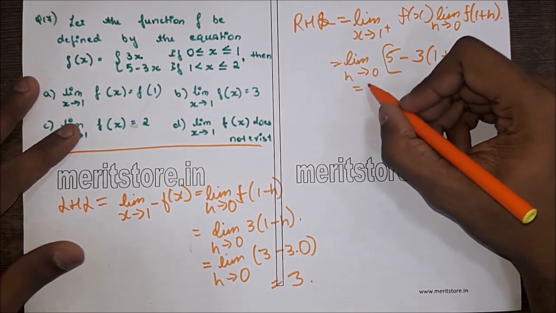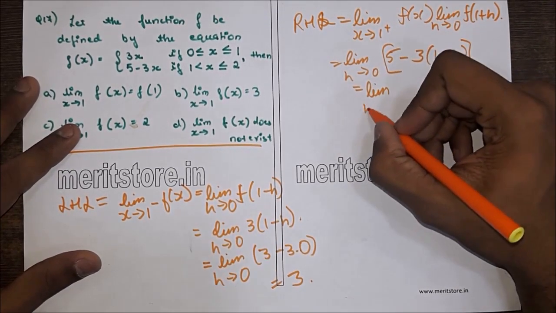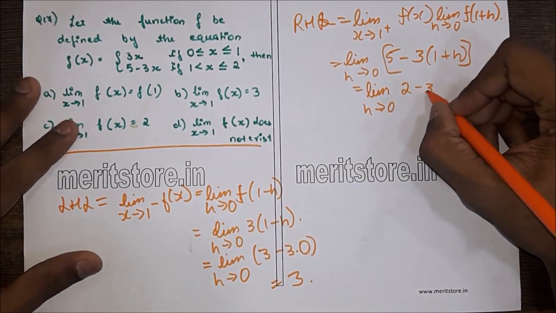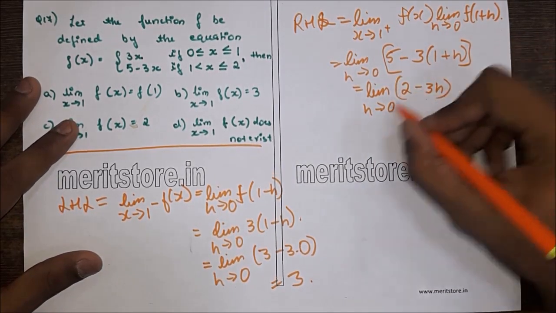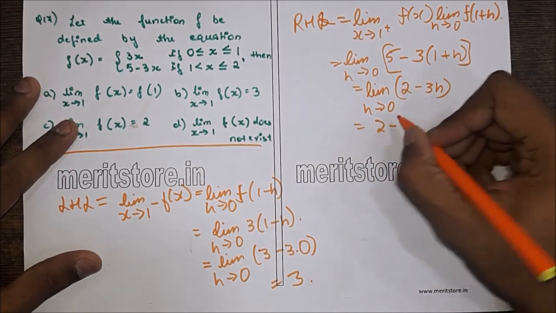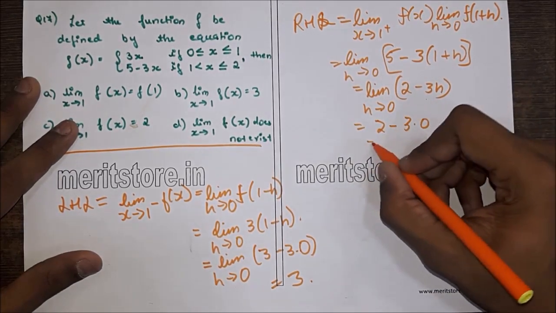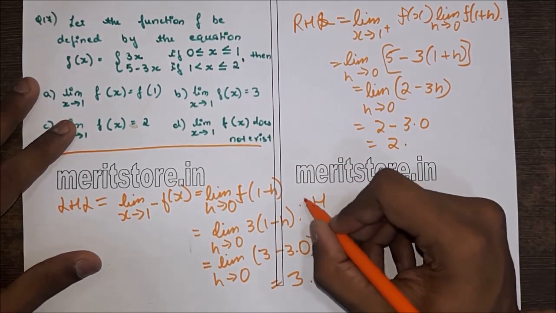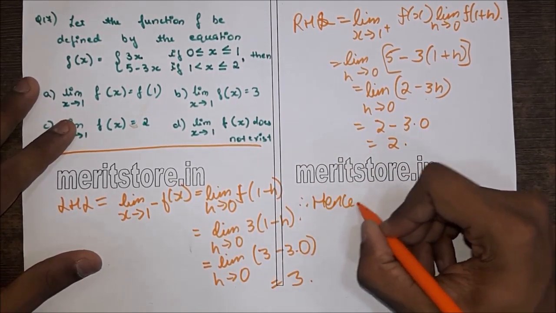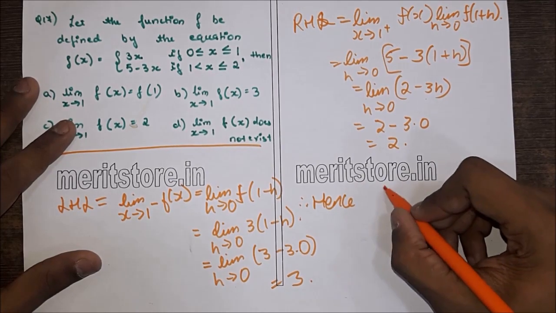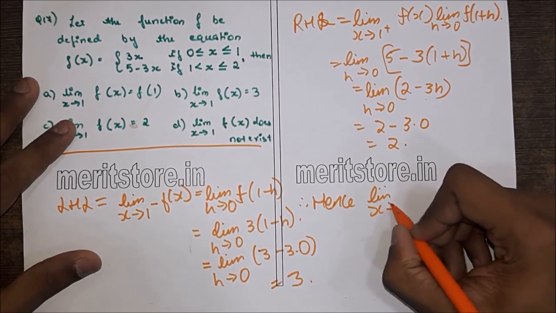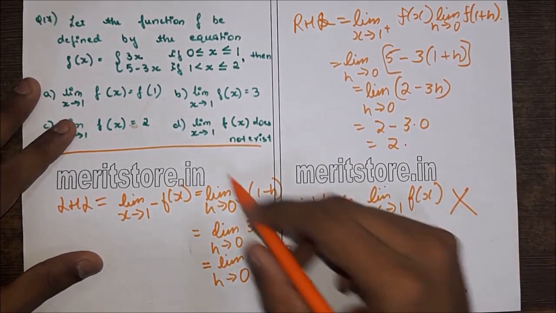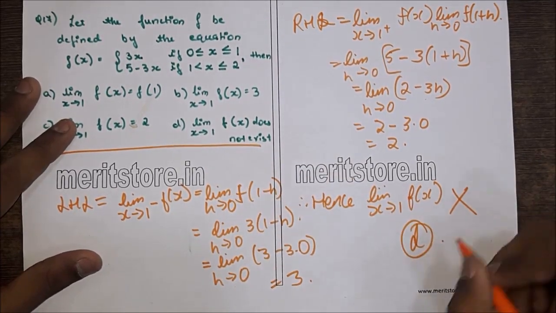On solving this, we get limit of h tends to 0, 2 minus 3h. Applying the limits, we get 2 minus 3 into 0, which is equal to 2. Therefore, we could say, hence, the limit of f of x, where x tends to 1, does not exist, which is option D.